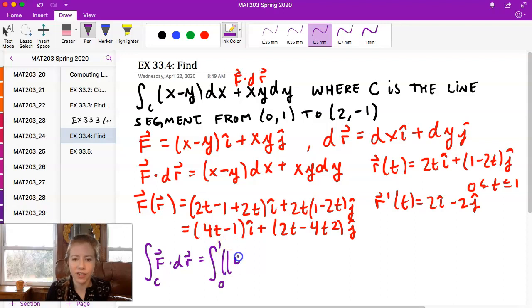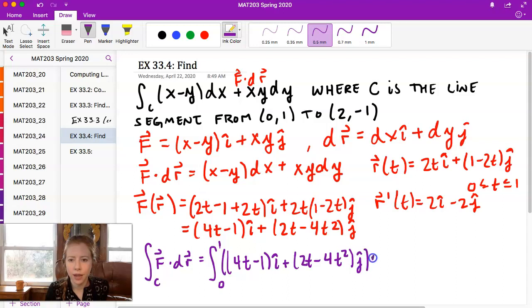So we're going to do (4t minus 1) i hat plus (2t minus 4t squared) j hat.